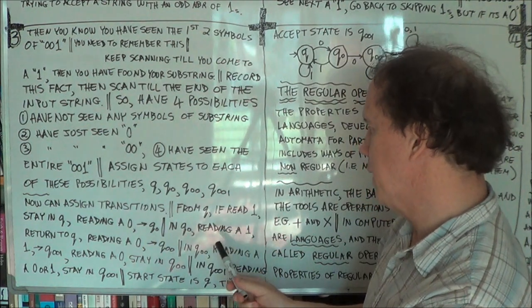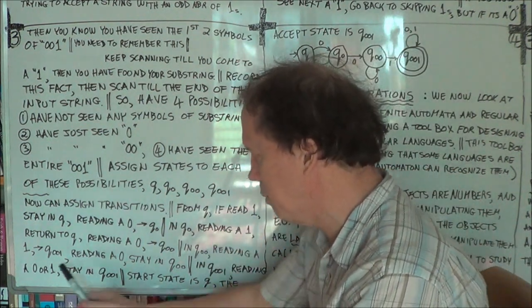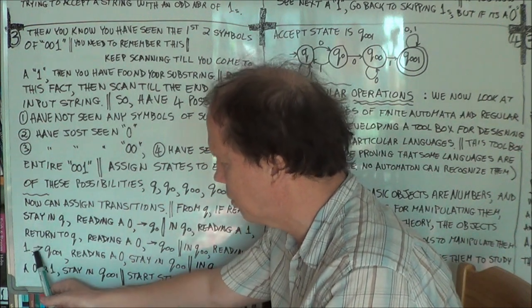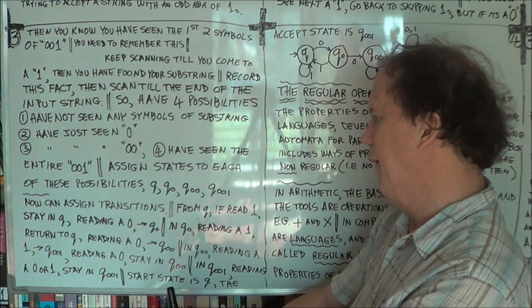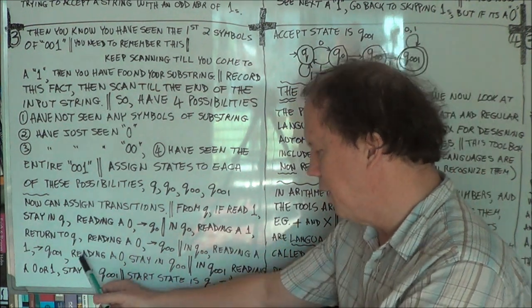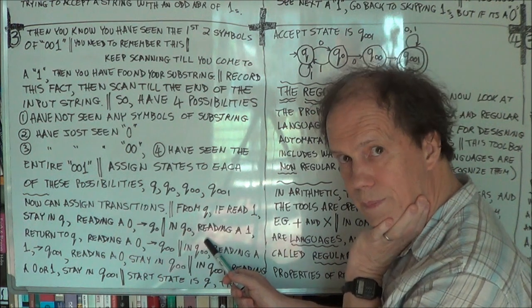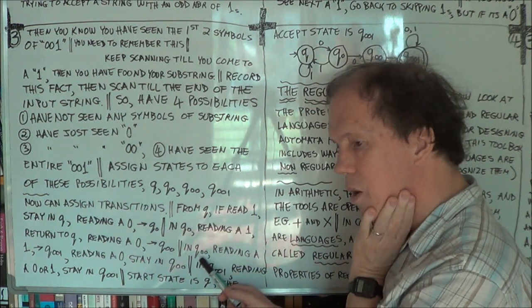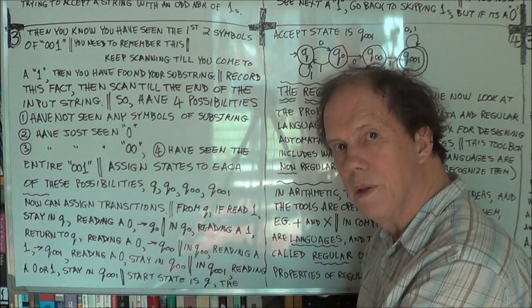So if you're in state Q00 and the next symbol you read is 1, transition to this state, Q001. But if you read a 0, now you're in state Q00, and you read a 0, what are you going to do? Think about it.